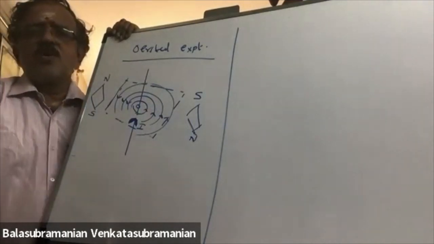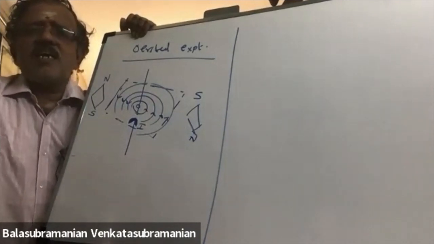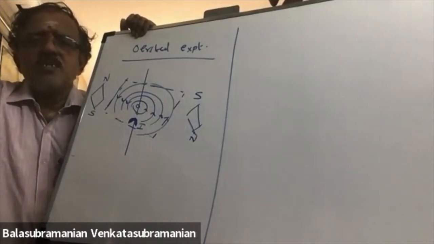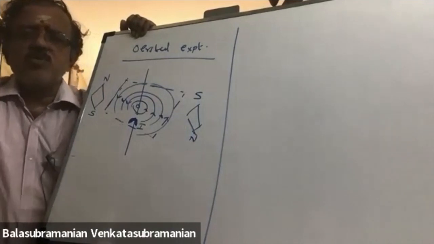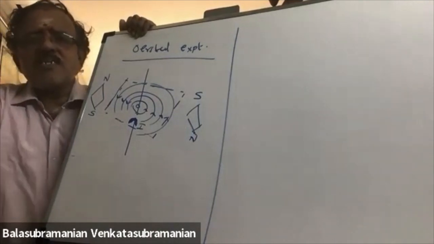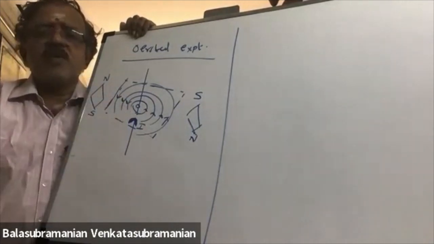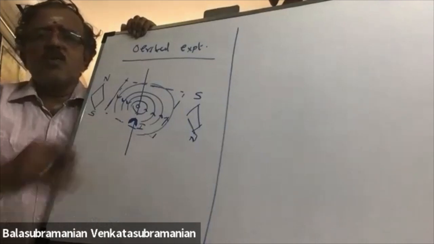Correct? So there exists a magnetic field in the surroundings when a current is passed through a conductor. This is called the Oersted experiment. The direction of the magnetic field can be given by two rules. One rule is the right hand thumb rule. Underline, right hand thumb rule. Left hand means it is different. The other is Ampere's swimming rule.